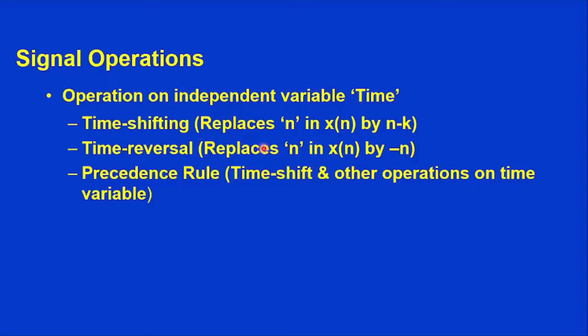Similarly, you have time reversal, which replaces n by minus n. We want to know more about these two operations. Also, there is a rule called the precedence rule that we'll be discussing. When you have to perform more than one operation, and it involves a time shifting operation, what is the order in which these operations are to be performed?